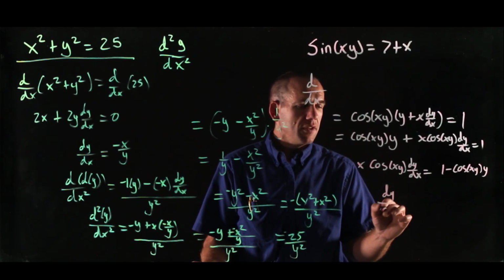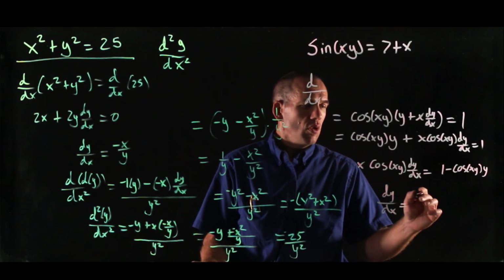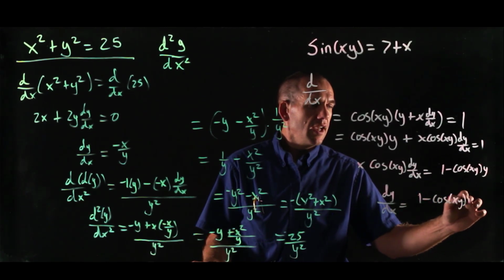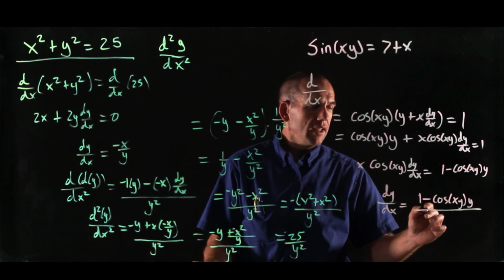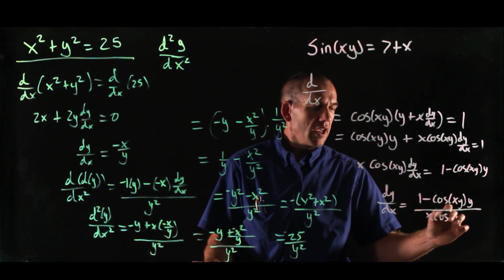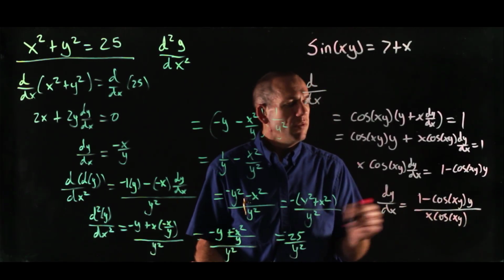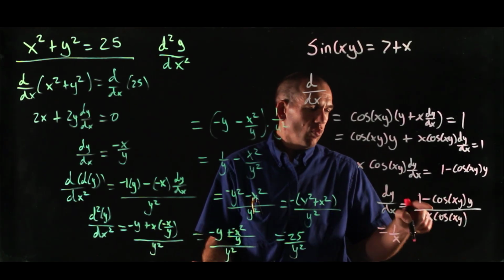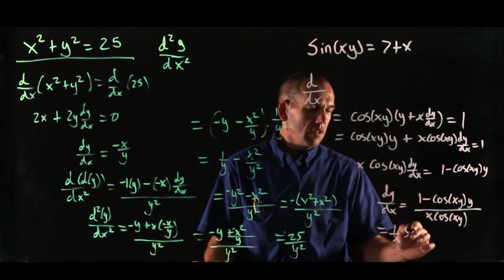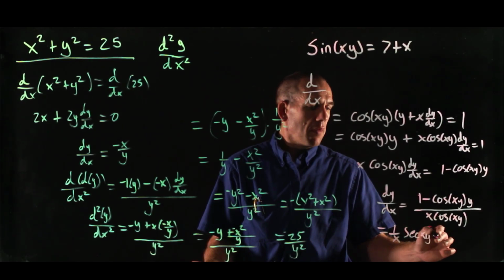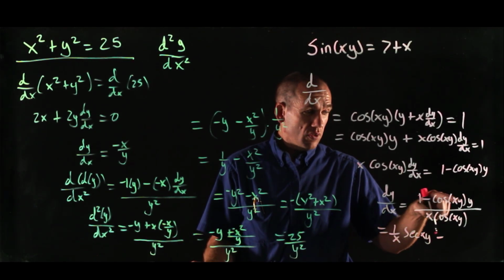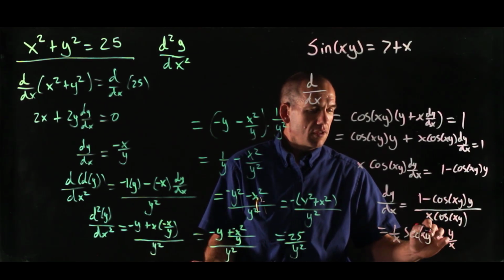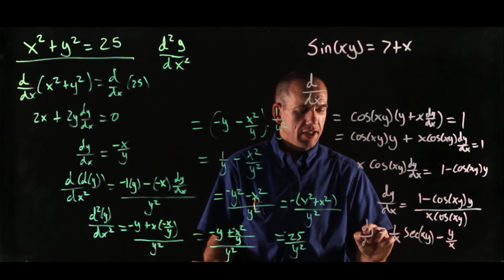So dy dx is equal to 1 minus cosine xy times y divided by x times cosine xy. And it is probably worth writing this as equal to 1 over x times 1 over cosine, which is, of course, secant, minus, and then I have cosine xy over cosine xy, but y over x, so minus y over x. And that is dy dx.